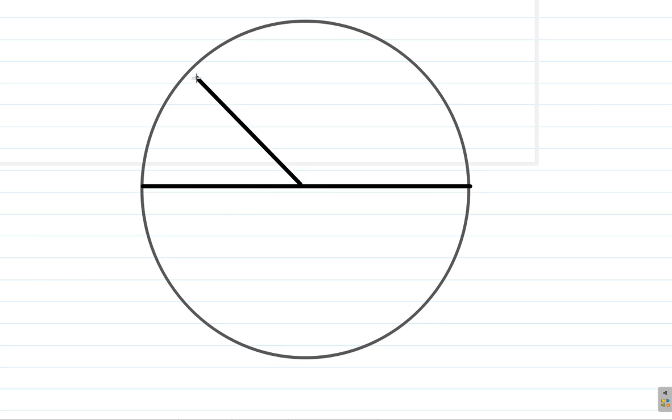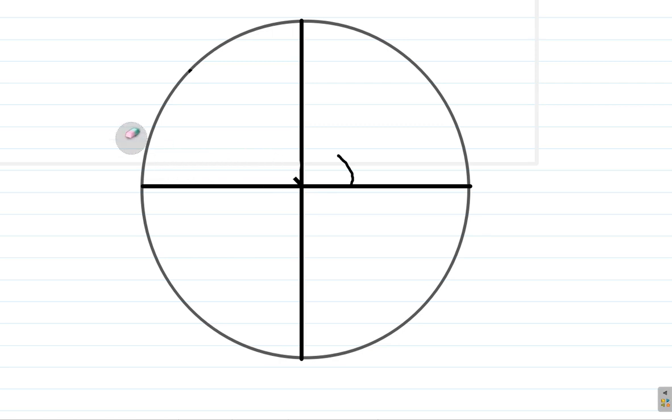So 135 degrees would be from 0 going up, up, up. Oh, by the way, let me draw the other line here. Let me use a different color for our line here.